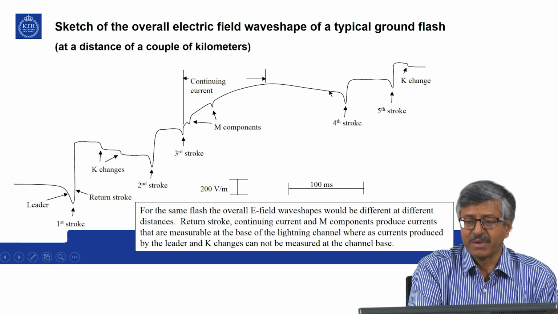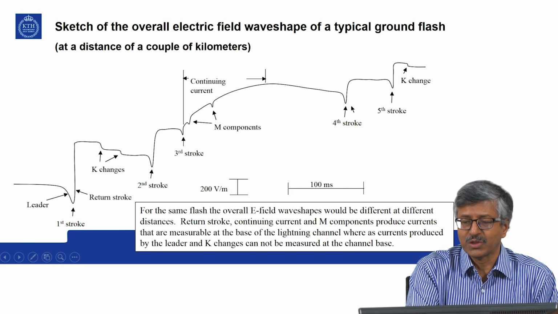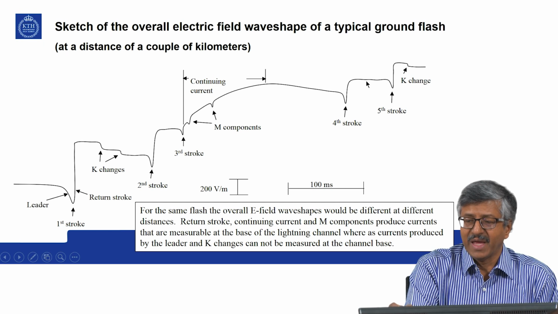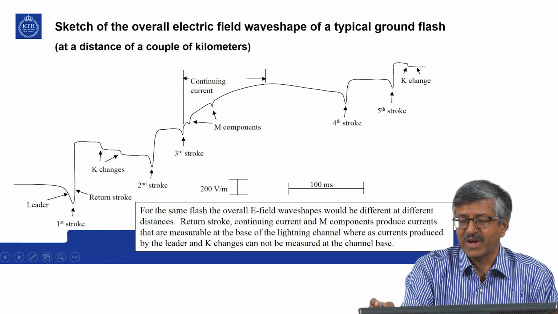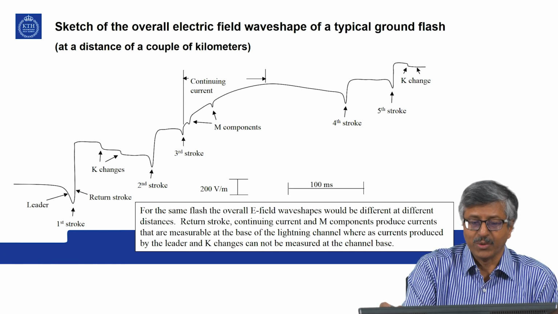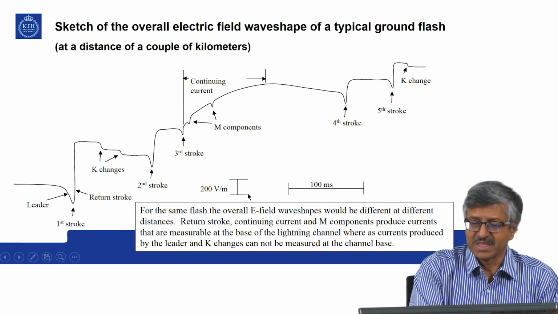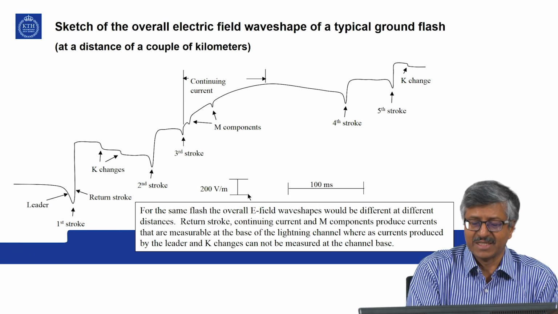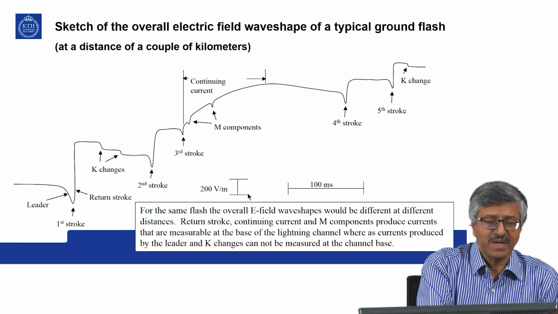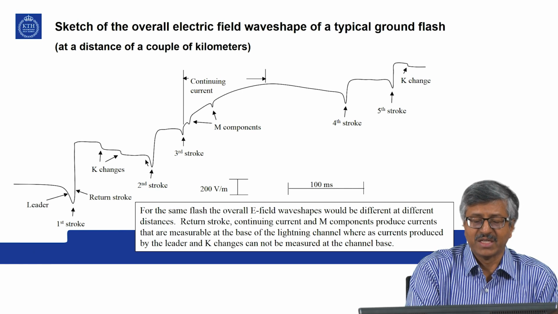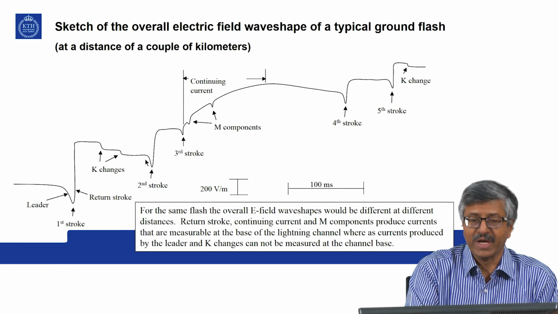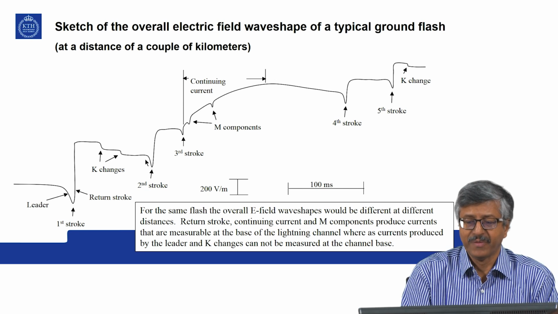Then you have a dark period over here, then again a fourth stroke, then a fifth stroke, then some rearrangement of charges in the cloud, and finally the flash gets extinguished. The whole process is less than 1 second. This is a pictorial representation of an actually measured lightning flash in Florida in the 1970s.